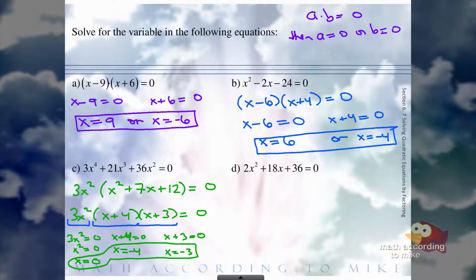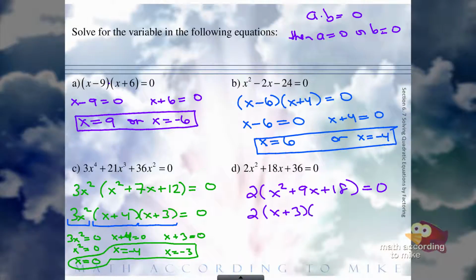In part D, standard form, check. Let's factor. We'll take out a 2, and we would be left with x squared plus 9x plus 18. The 2 carries down, and that trinomial factors as x plus 3, x plus 6.